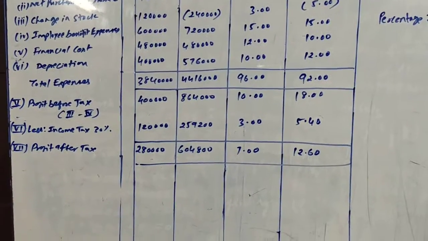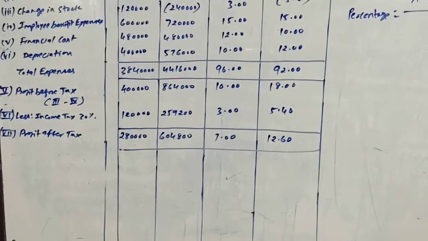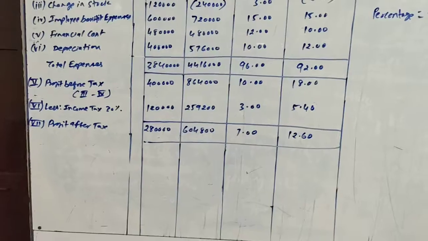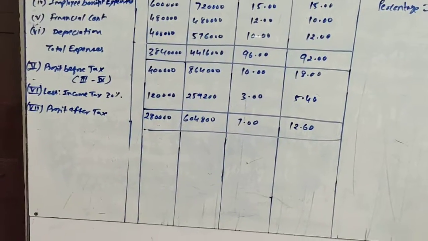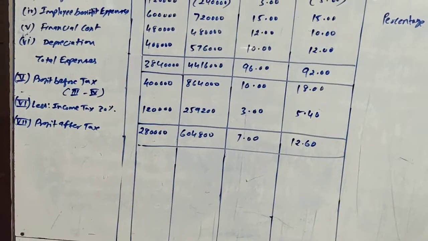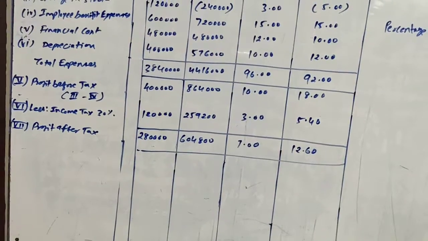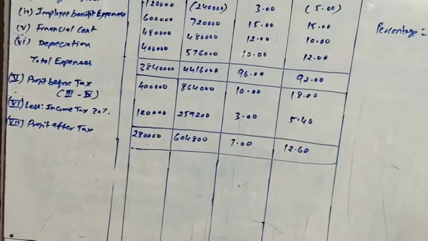Okay, and finally we have profit after tax, which is the difference between profit before tax and taxes, which is 2,80,000 and 6,04,800. And now we convert this in percentage.